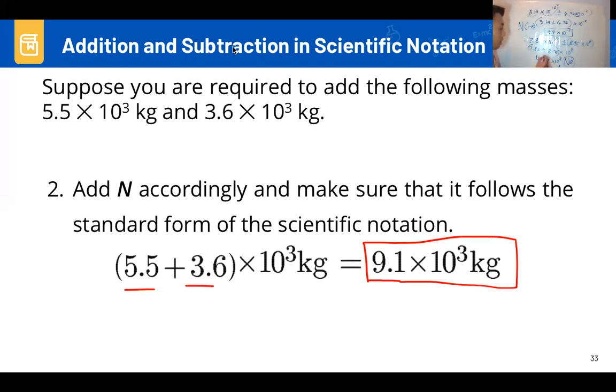That means this one, we need to convert this one into scientific notation. So from 16.77, nag-move tayo lang sa dito. So 1.677 times 10 raised to negative. So negative or positive?